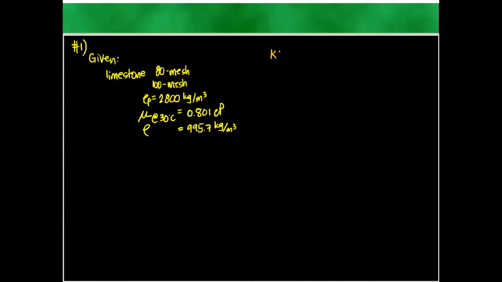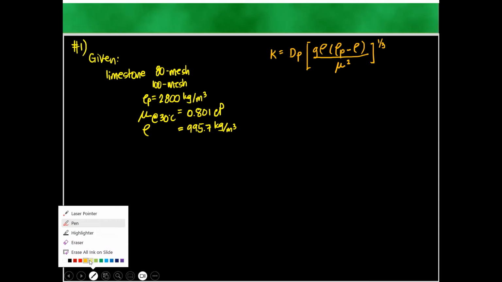For K, it's basically dP times g rho particle minus the fluid, all over mu squared, and then this whole thing is raised to 1/3. The thing is, we need the dP. We don't have a dP.